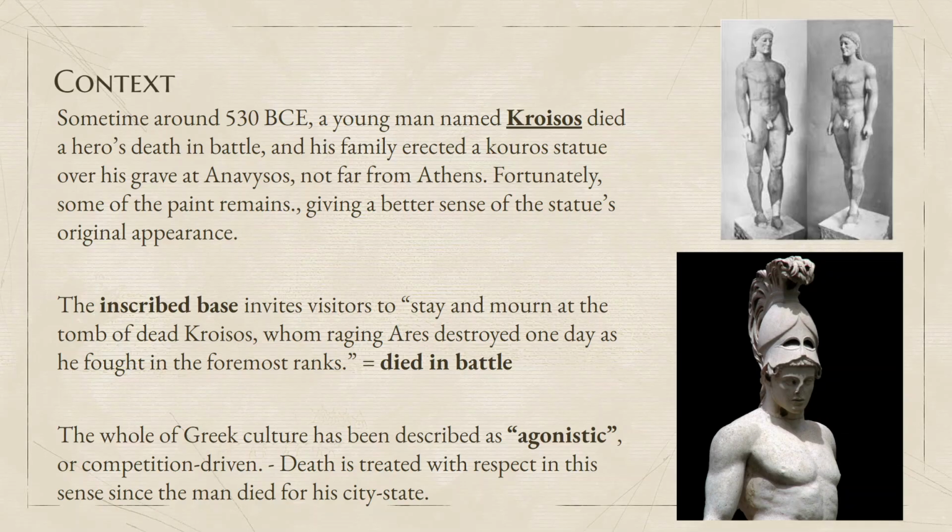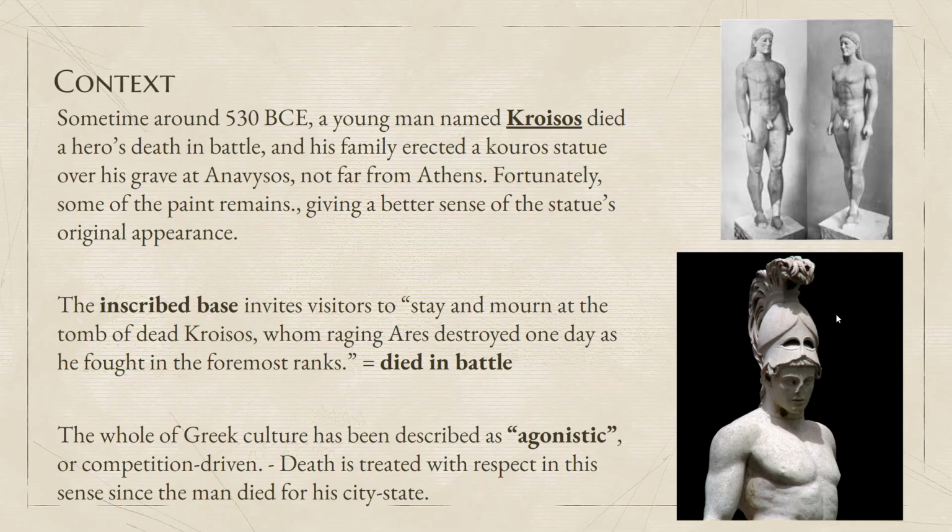It's a little out of the Athens area. The paint is on there, so we have some idea of what it could have looked like, but not 100% what it was fully painted as. Again, that red pigment really shines through. On the bottom, you can see there's a pedestal, that's where the writing is.